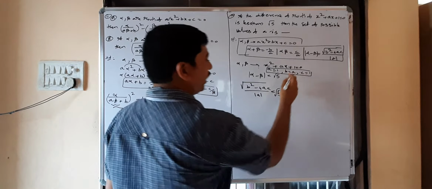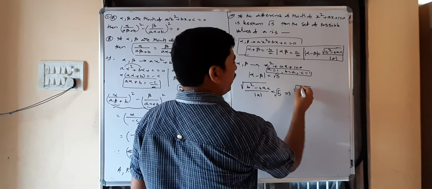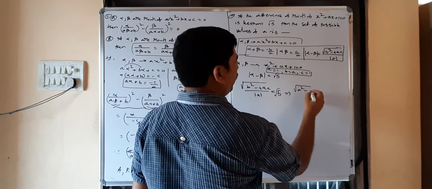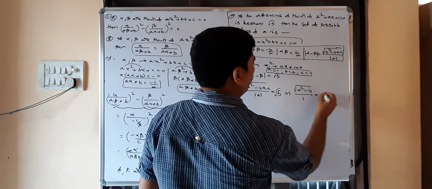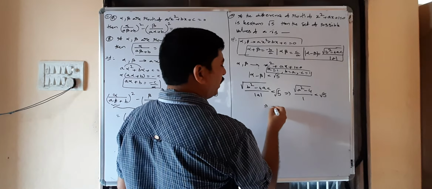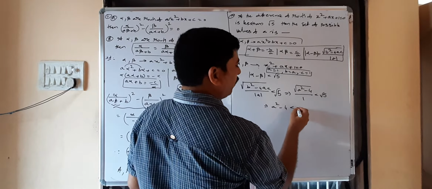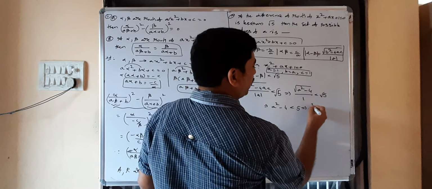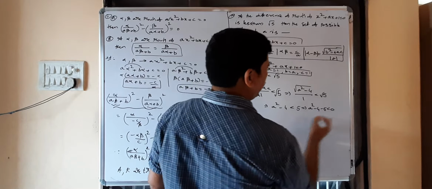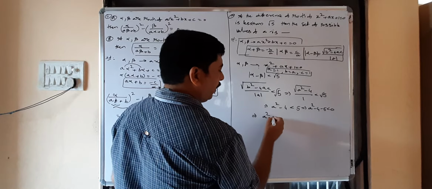Here b square means a square, minus 4ac, that is 4 into 1 into 1, by mod 1, less than root 5. Squaring on both sides, a square minus 4 less than 5. That is a square minus 4 minus 5 less than 0, so a square minus 9 less than 0.